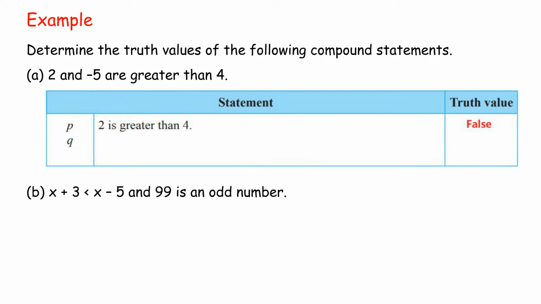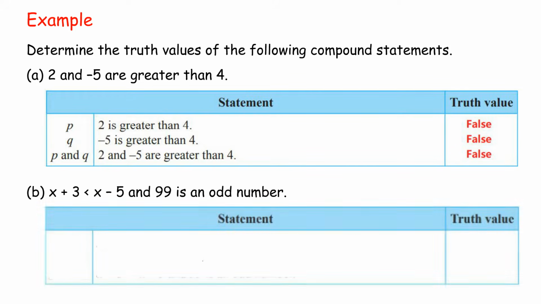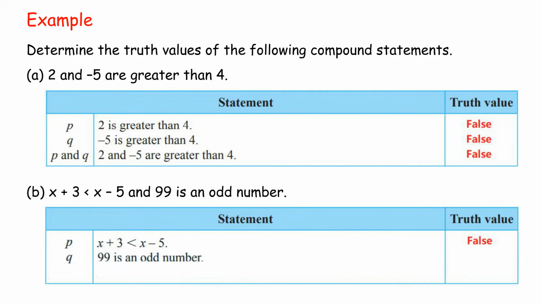False. Negative 5 is greater than 4. False. False and false is false. B. x plus 3 less than x minus 5. False. 99 is an odd number. True. False and true is false.